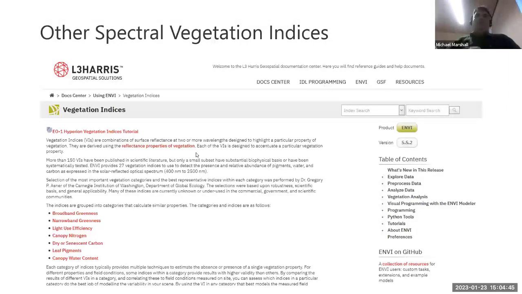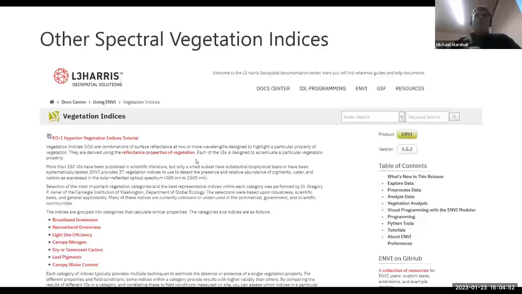So if you're looking at, say, broadband greenness or narrowband greenness, light use efficiency. If you click on one, then you get all the different indices that are available. And then let's say EVI, this is a very famous one. You can click on that, and then it gives you the equations and the source of the index where it was hopefully first published. So this is, I think, a nice resource.